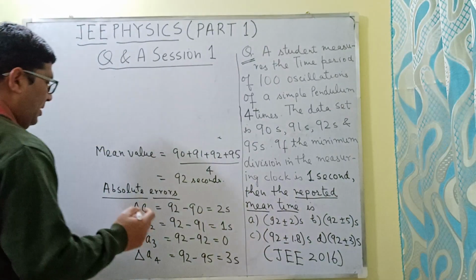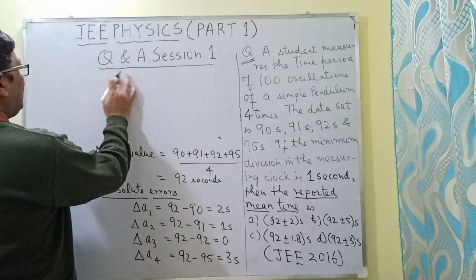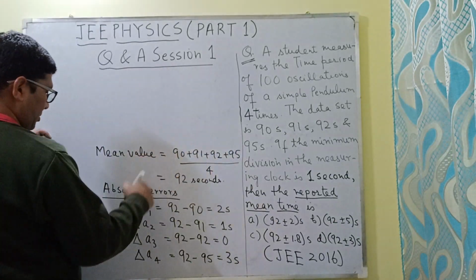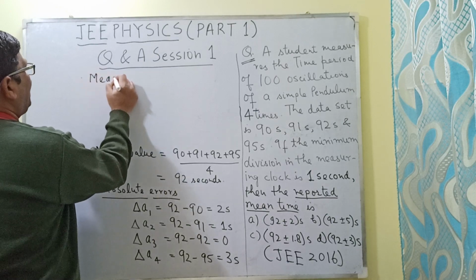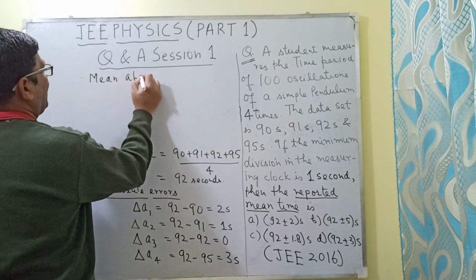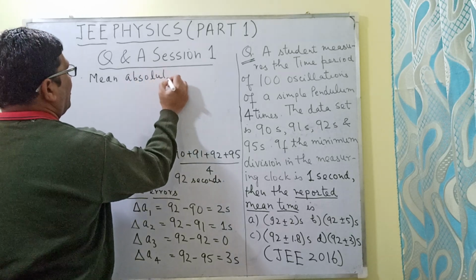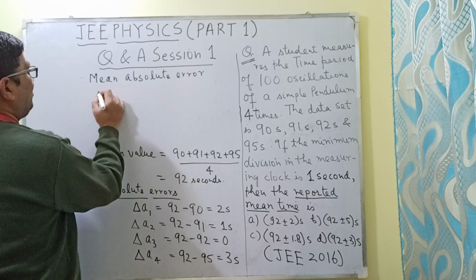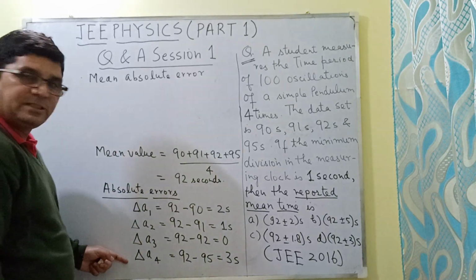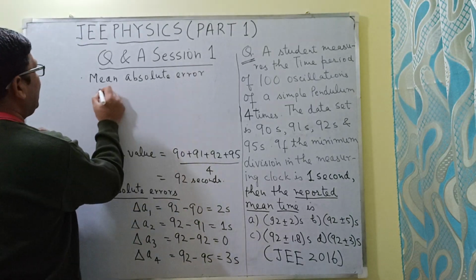Now the next step is the calculation of the mean absolute error. We have already calculated the absolute errors, so we have to calculate the mean of them.